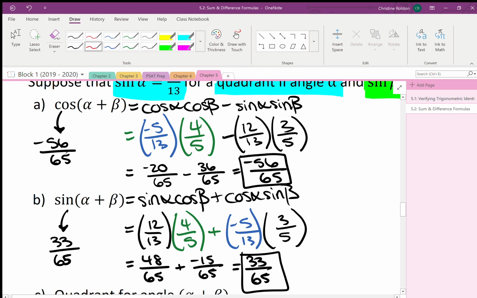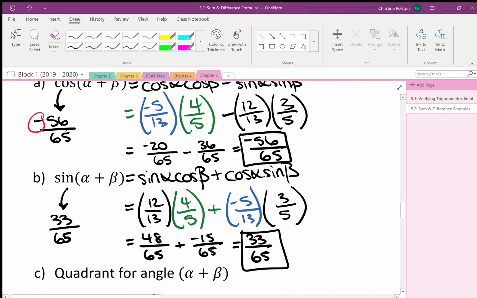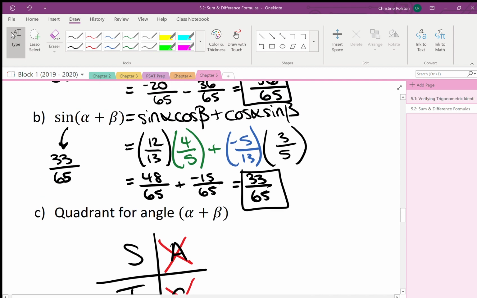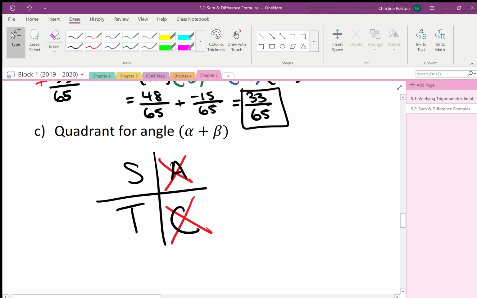So it was negative. So I can't fall in the fourth quadrant or the first quadrant. Now, sine of that angle is 33 over 65. So it's positive. So out of the two left, I can't fall in the third quadrant. I have to fall in quadrant 2.